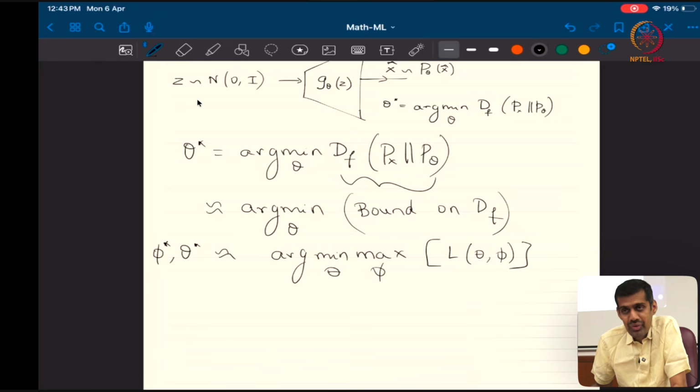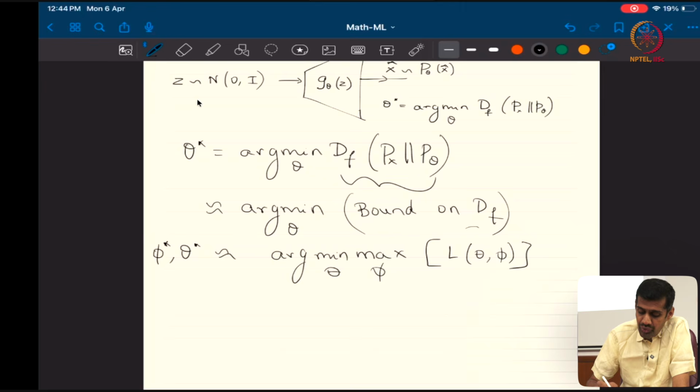Suppose you want a neural network to give numbers between 0 and 1, what do you do? Activations, right? Choose your activations appropriately. Have a neural network, choose its outermost layer appropriately. And what does that output layer depend upon? It depends upon what divergence measure you are choosing, that is it.